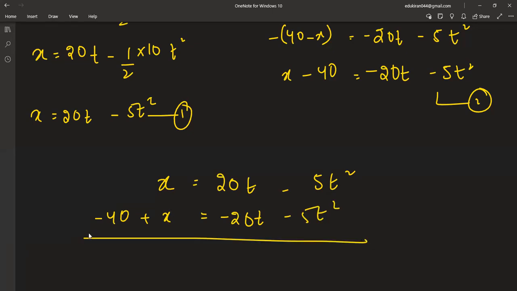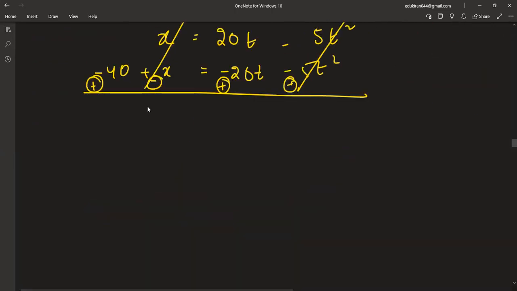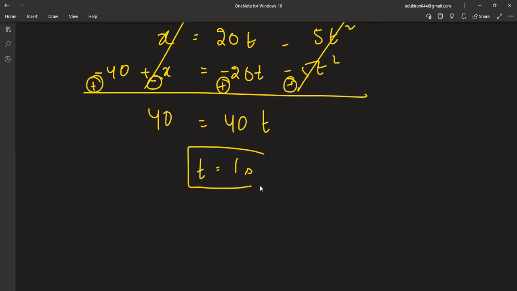Let's subtract them. The signs change, and minus 5t square plus 5t square gets cancelled. So this becomes 40 equals 40t, so t is equal to 1 second.